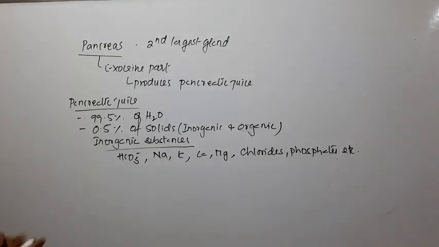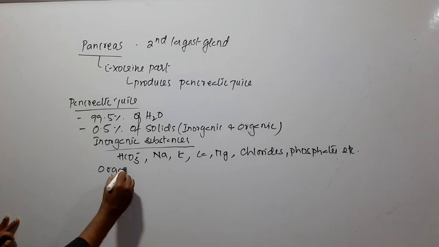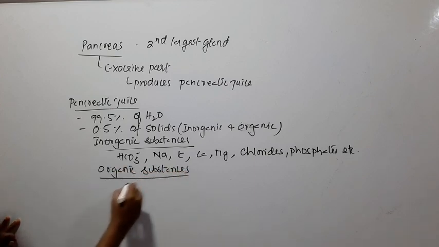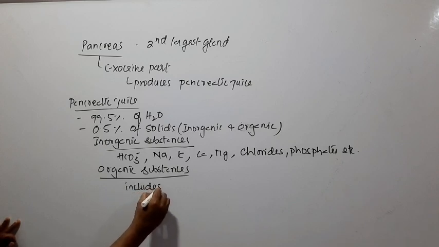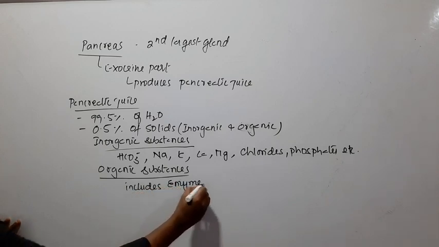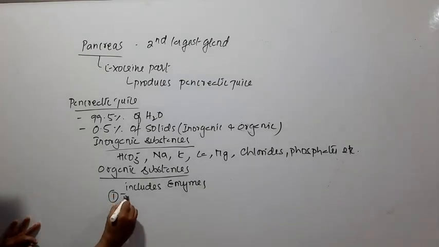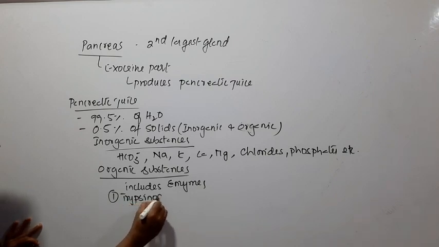Coming to organic substances, this mainly includes enzymes. The pancreatic juice mainly consists of different types of enzymes, like trypsinogen.